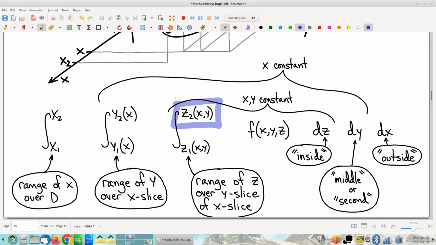This is the greatest value of z for a given x and a given y. I need to know how those bounds depend on x and y because it's going to change. For different x's, different y's, I'm going to have different slices and different slices of slices. It's going to look totally different. And I need to know how it depends on those outside variables, x and y in this case.